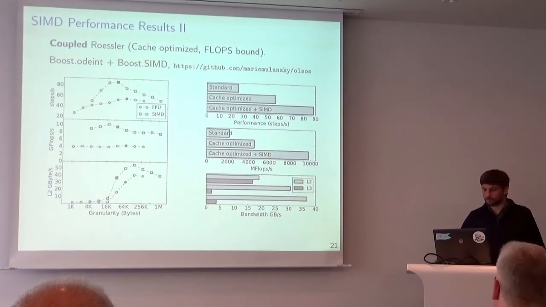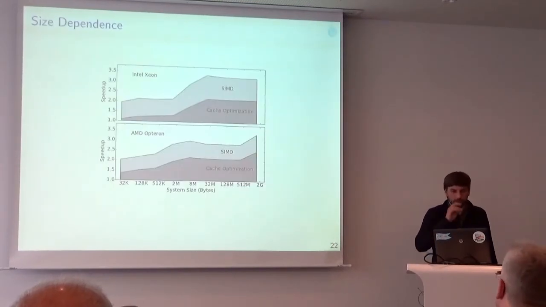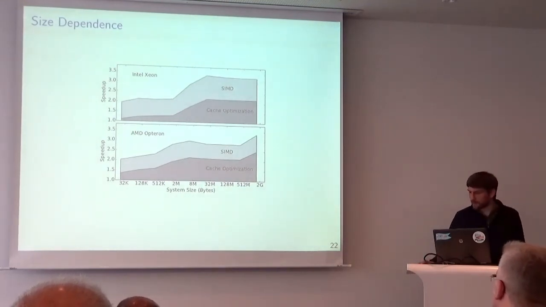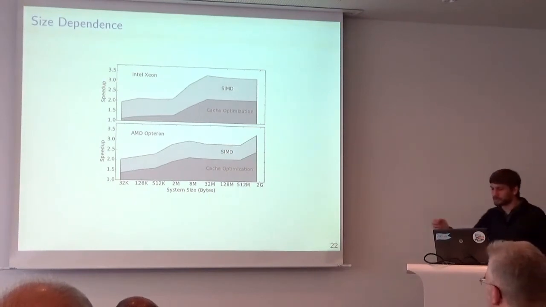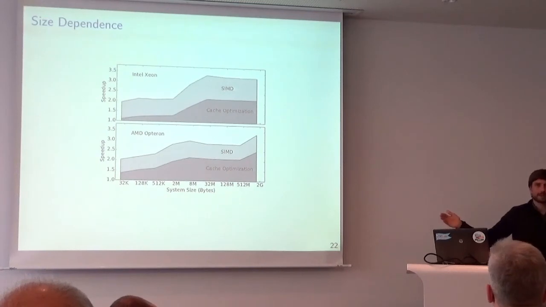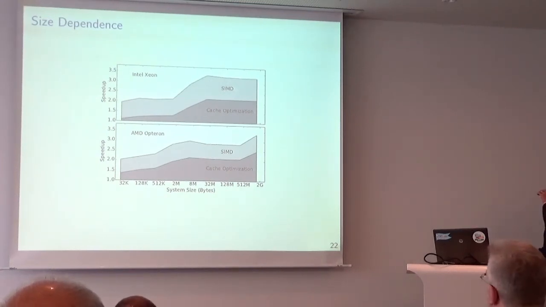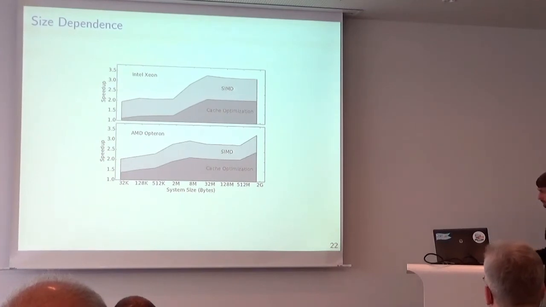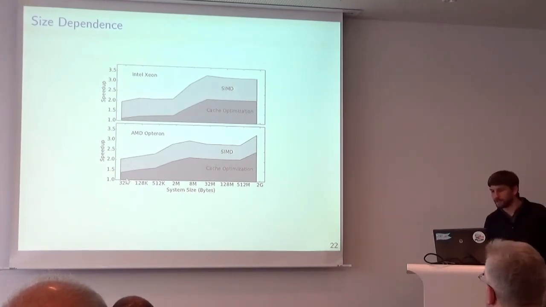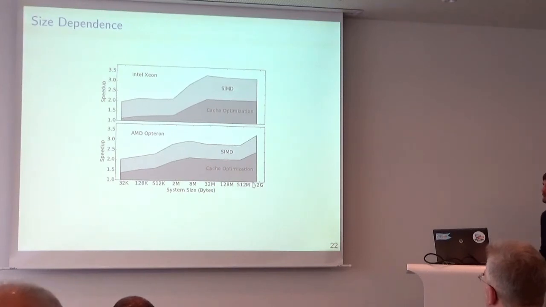Okay, so this is essentially what I managed to do. For completeness, all the results I showed you before were for one particular overall system size of 24 megabytes. So I redid all these simulations to check how this depends on the overall system size. I go from very tiny systems to almost 2 gigabytes, like lots and lots of those Rössler systems.